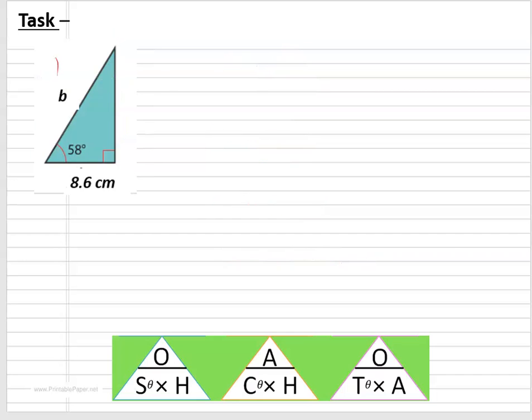So this one here, again, label your sides. Looking for H again. So H equals A over cos of the angle. H equals 8.6 divided by cos 58.